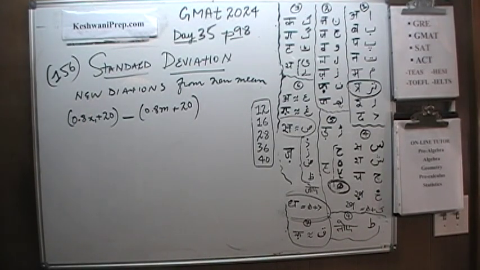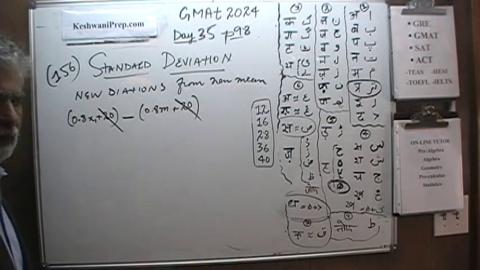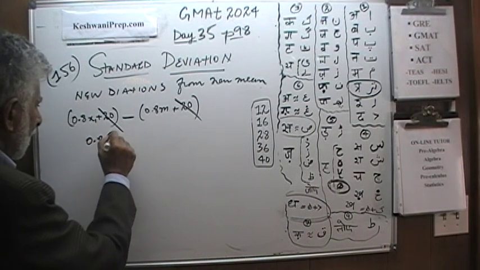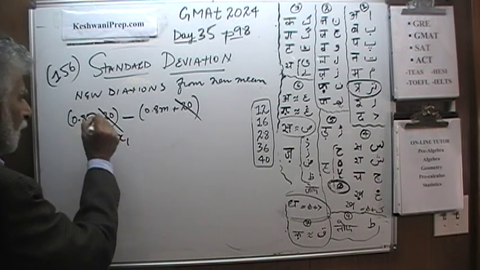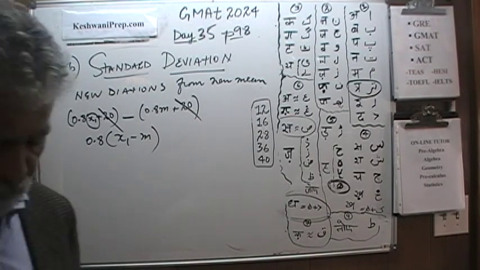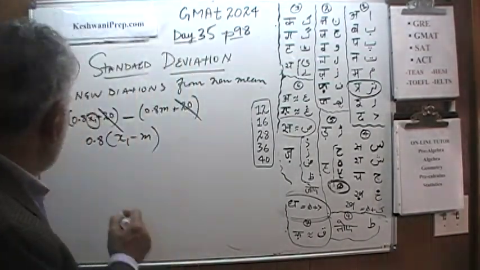As we can clearly see, when we open the parentheses, the 20 is going to drop out, and what we're going to end up with is 0.8 of the score minus the mean. In other words, the new deviation is simply 80% of the old deviation. The new deviation is simply 80% of the old deviation right here.